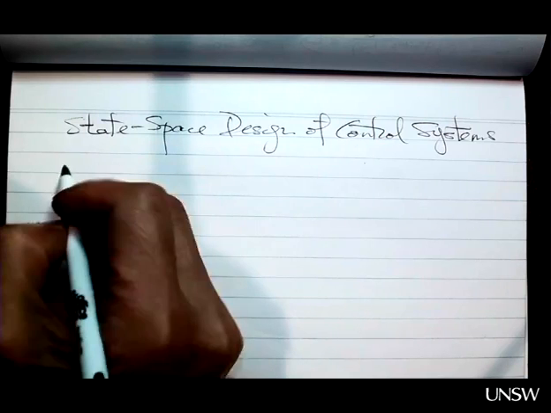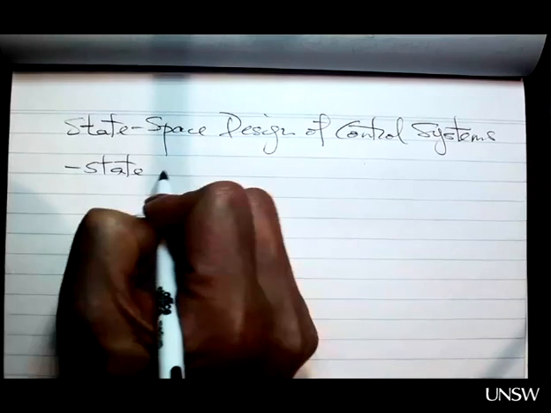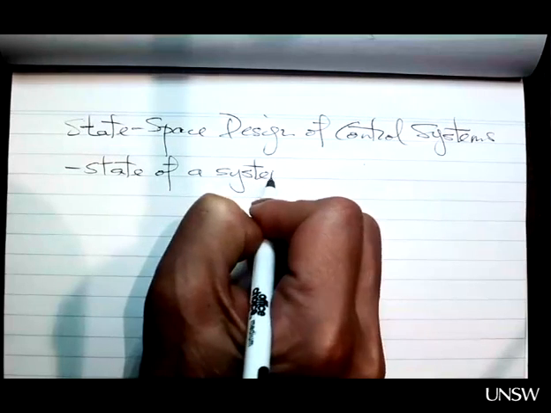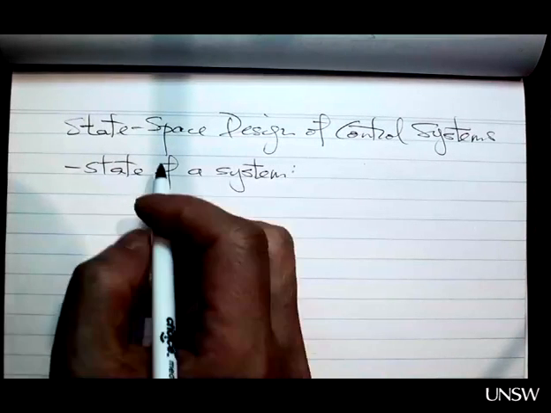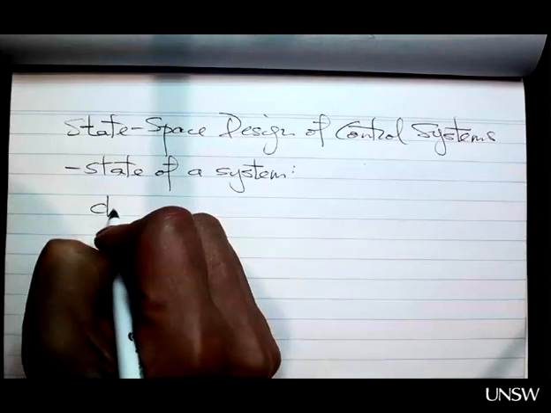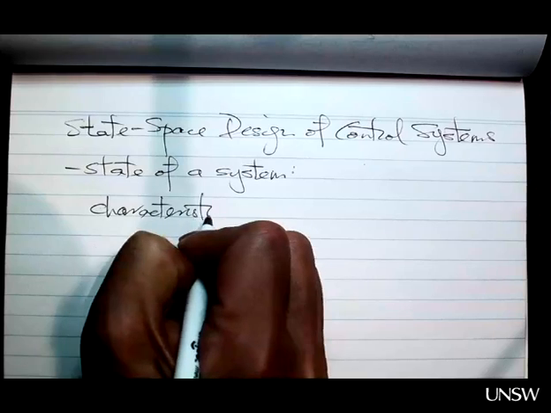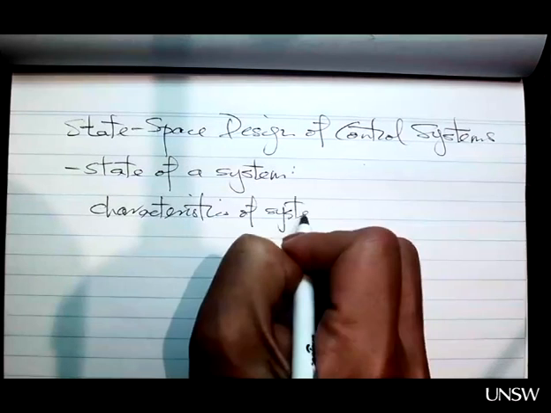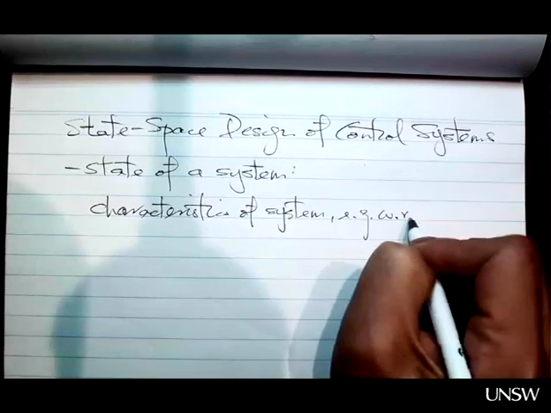So first of all, what is a state of a system? It is the characteristics of the system, for example, with respect to time.